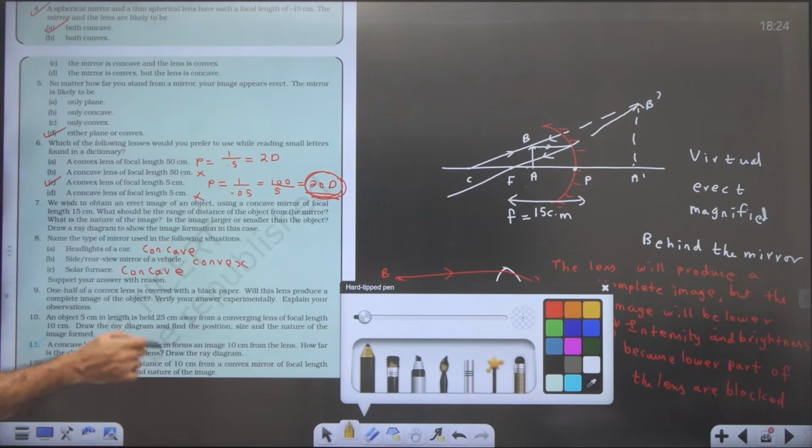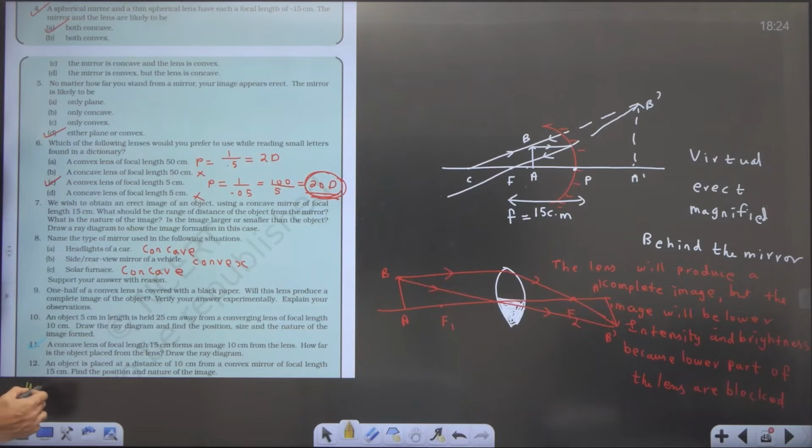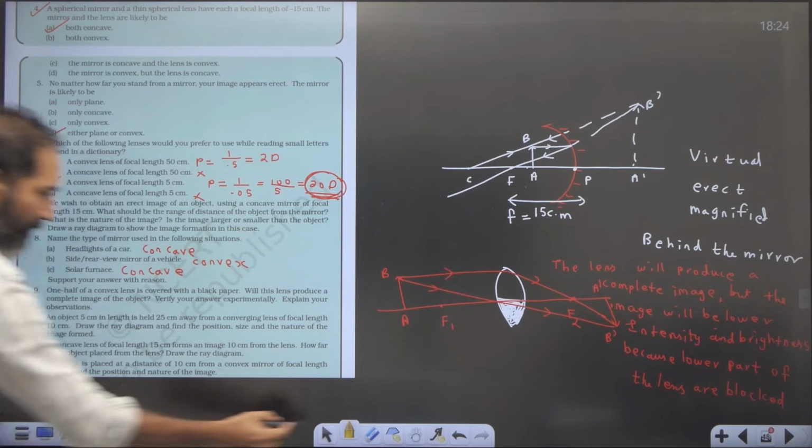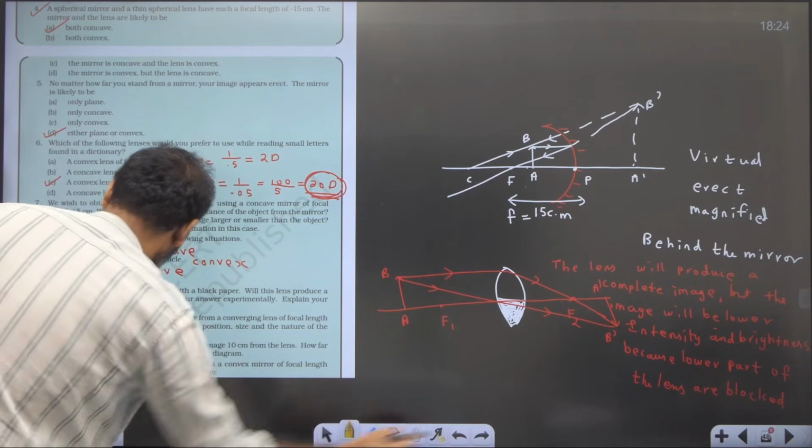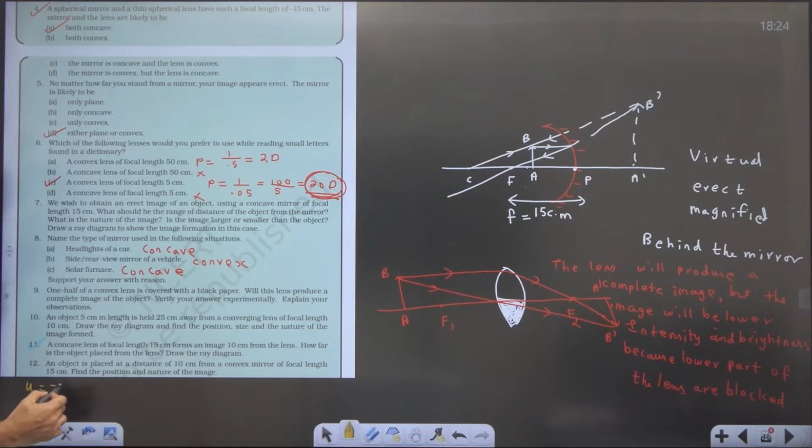So what is the object distance? U equal to minus 10 centimeter. The focal length of the convex mirror has to have what sign?